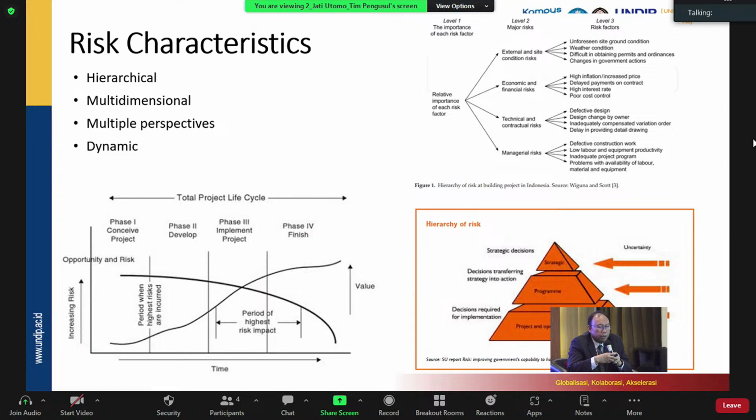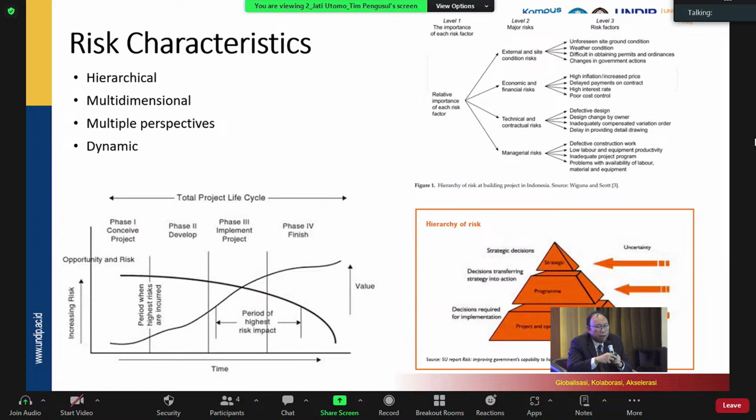And if you look at the picture on the left bottom, it is showing the total project life cycle. What we can see here is that the risk might happen during all the phases of the projects, and we have to look at which period has the highest risk impact.